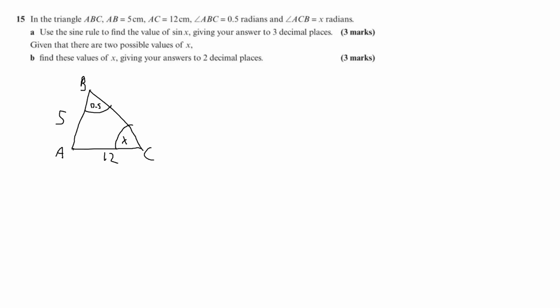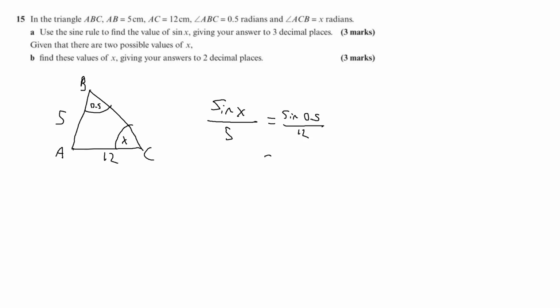So let's use the sine rule now. Sine x over 5 is going to be sine of 0.5 over 12.